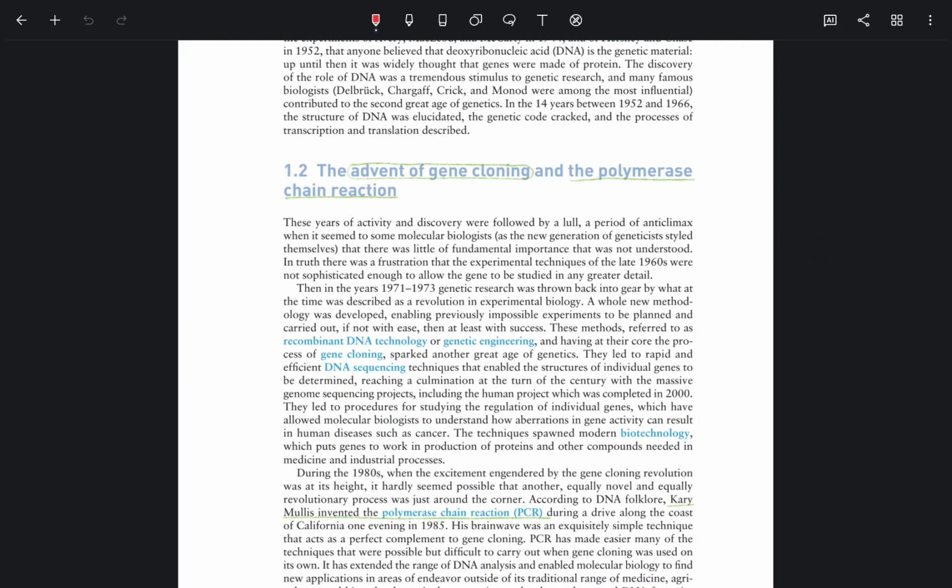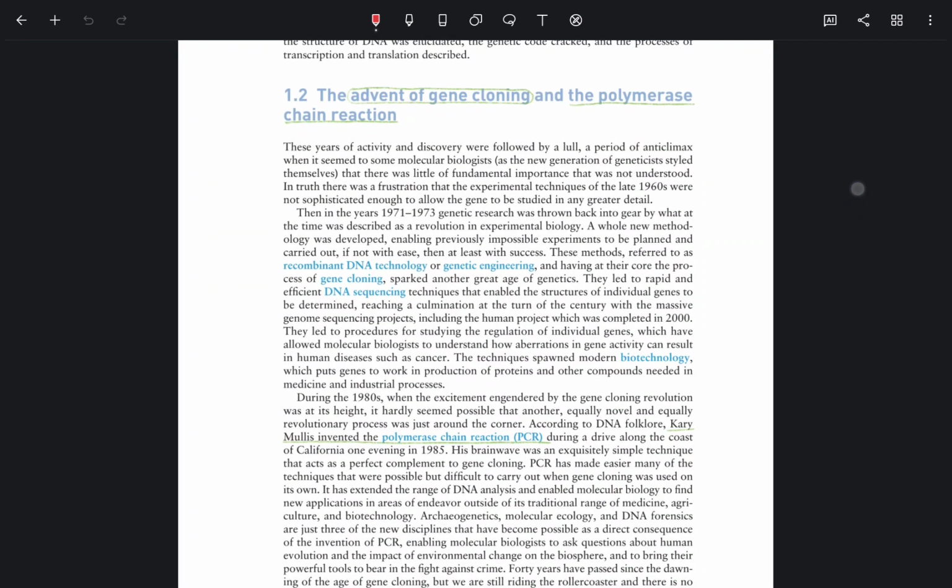The advent of gene cloning and the polymerase chain reaction. The methods referred to as recombinant DNA technology and genetic engineering. The whole new methodology of biology that was developed enabled previously impossible experiments to be planned and carried out, if not with ease, then at least with success.